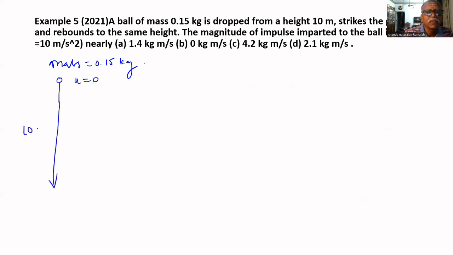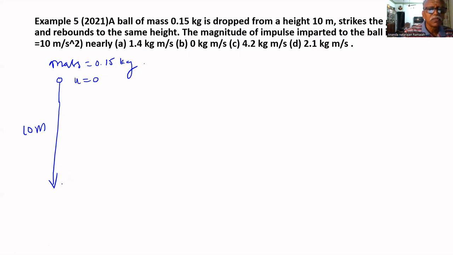Dropped from a height of 10 meters, and rebounds to the same height. Here, what is the initial velocity?